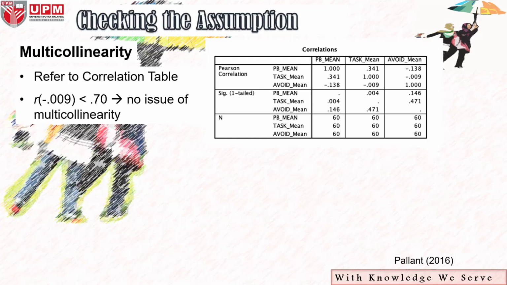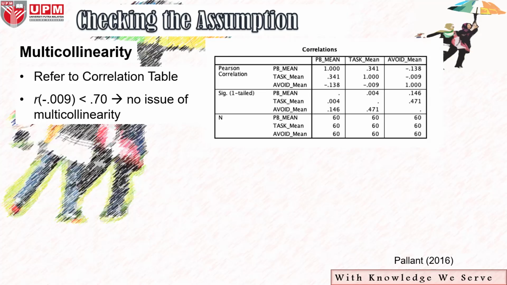Since the correlation coefficient equals -0.009, which is lesser than 0.7, we can conclude that there is no issue of multi-collinearity between avoidance-oriented coping and task-oriented coping.